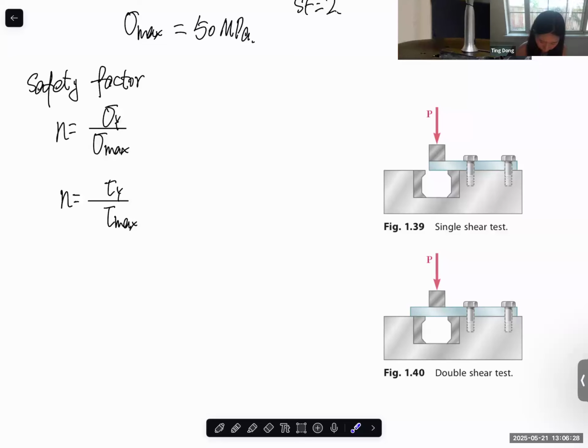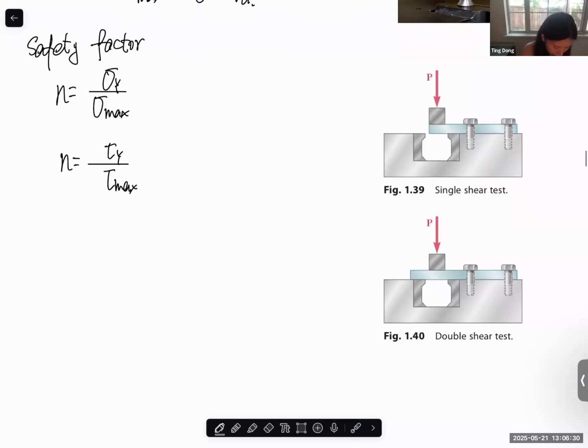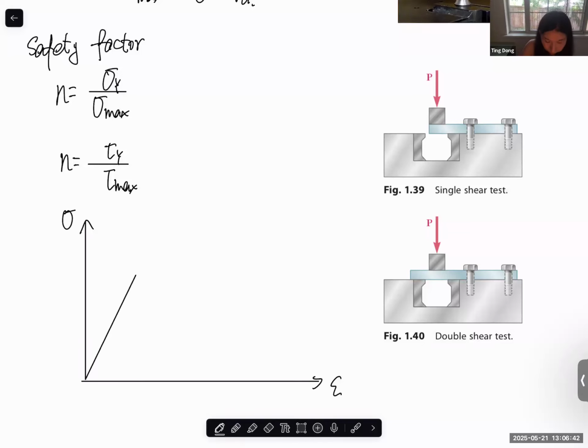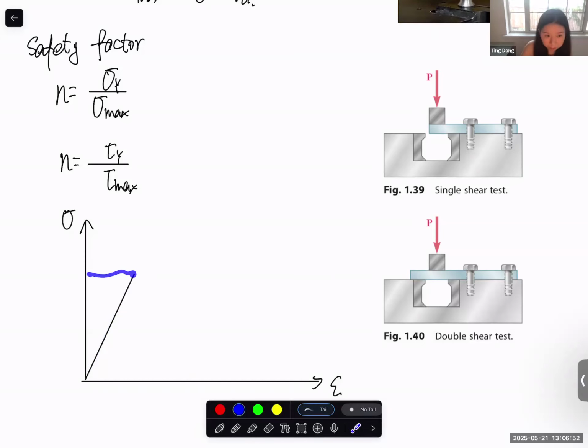So I think what you learned in the previous class is a curve like this. Let's say this is strain, deformation, and this is stress. First you have an elastic range, so the deformation and the stress are in a linear range. We can say that this is the proportional limit, right?